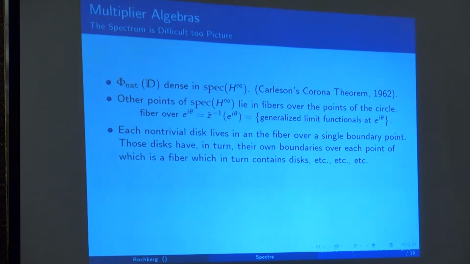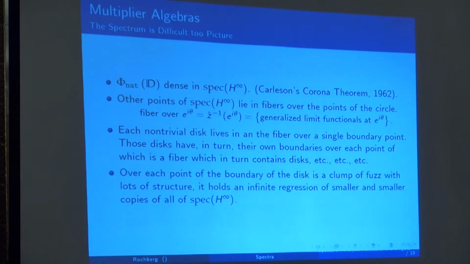I used to want to study these things, and I used to want to draw pictures of this, and it didn't go well. So over each point of the disk is a boundary point that has some fuzz of generalized limiting functionals, and they get smaller and smaller in infinite regression, one after another.